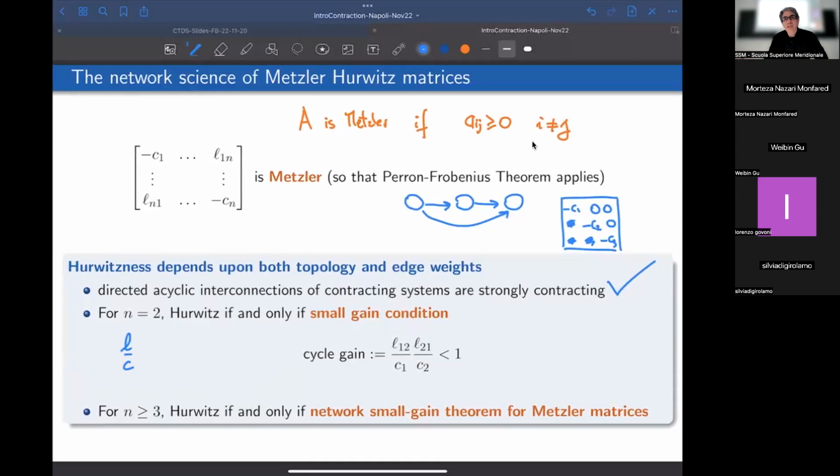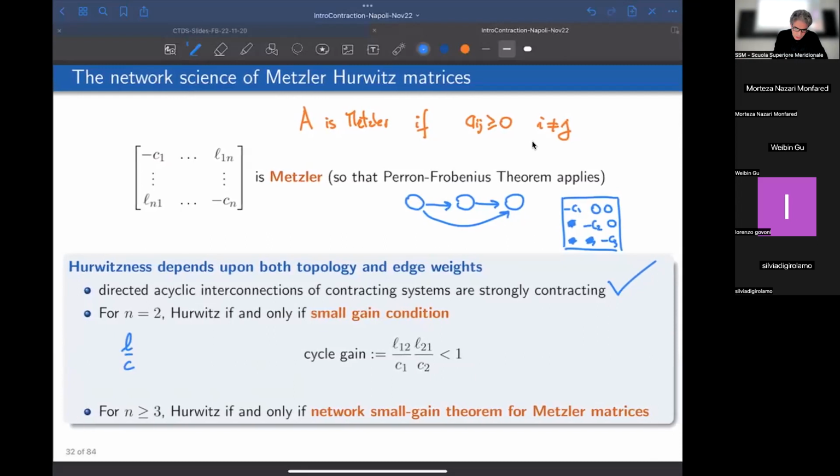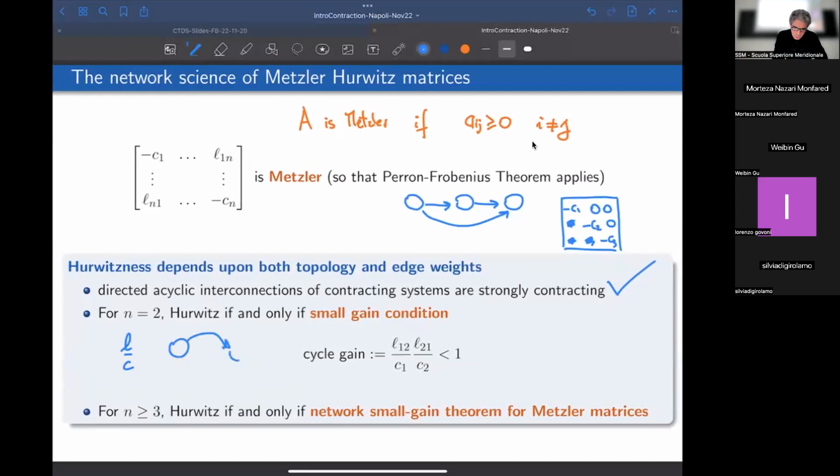So that is the gain from the input to the state. If I look at just the interconnection of two nodes, 1 into 2 and 2 into 1, then the quantity L1 over c1 is the size of the state 1 when the state 2 is of unit size. And so that's the gain from 2 to 1.